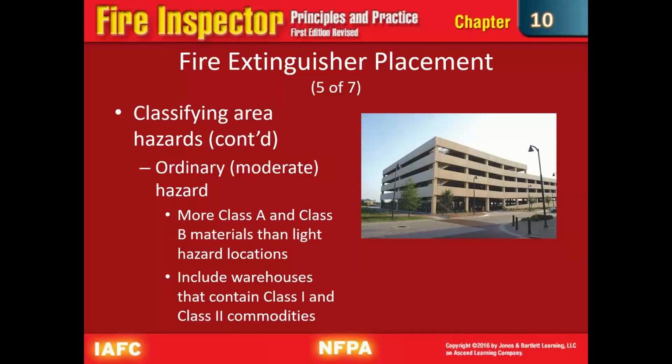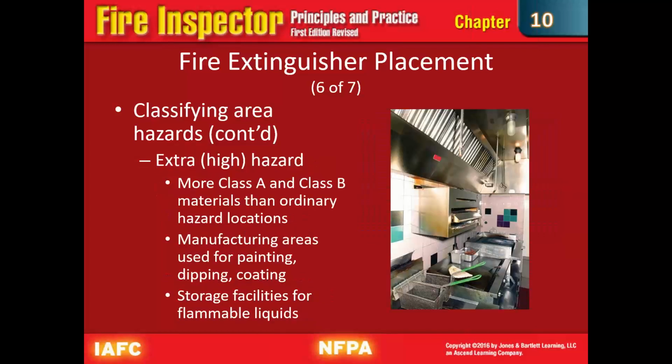All right, your ordinary hazard, and that's more of Class A and Class B materials that can light than the light hazard. It could be warehouses that can contain Class 1 and 2 commodities. So, being aware, even though it contains that, what's your fire load as well. And then you have your high hazard, and that's manufacturing areas where they have painting, open vats for dipping, coating, or storage materials, or storage facilities for flammable liquids.